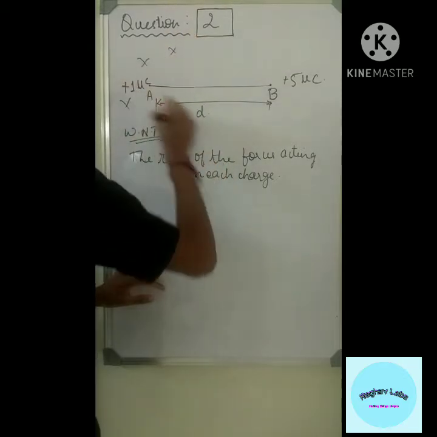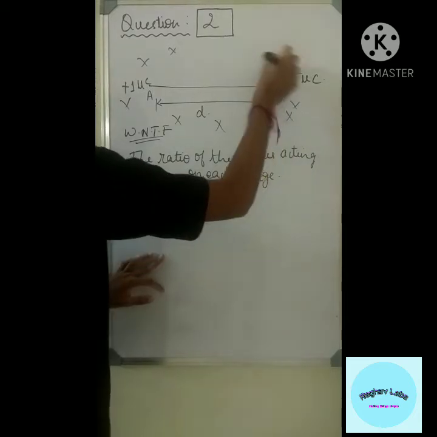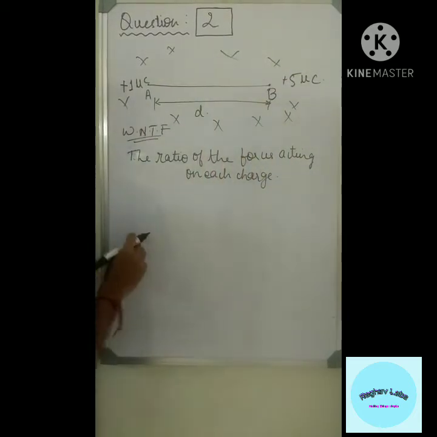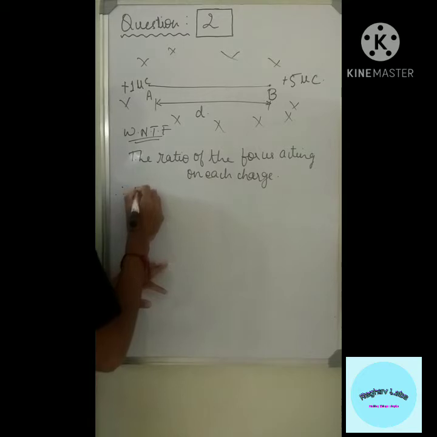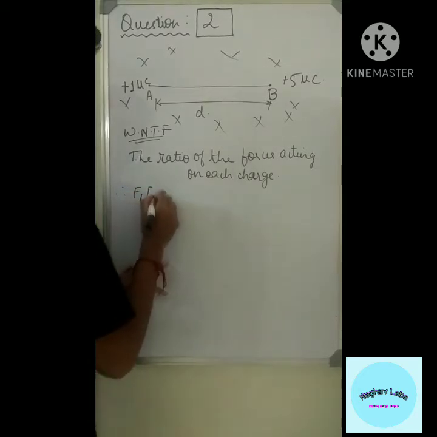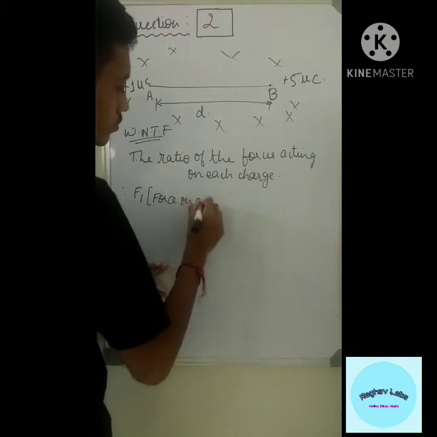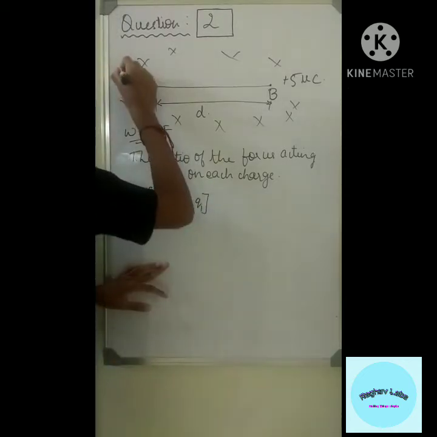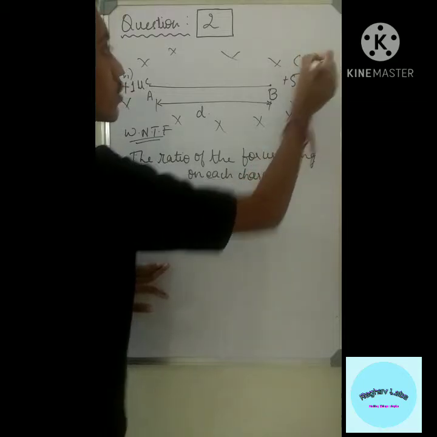No other charge and nothing is present in space other than these two charges. So one will be influenced by the other only. So F1, force on Q1 due to Q2. Let's take Q1 as plus 1 microcoulomb and Q2 as plus 5 microcoulomb.